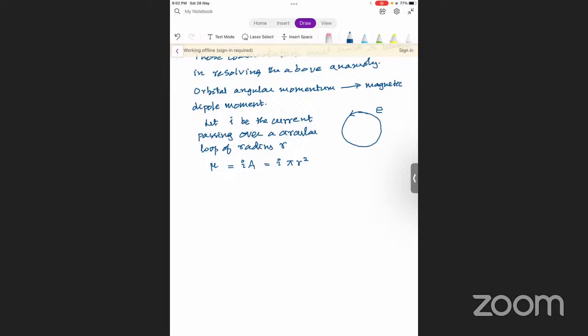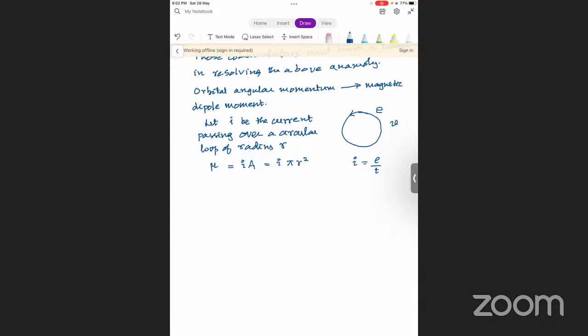Now this I is charge divided by time. Suppose the charge is moving with some velocity v. How do I find the time?